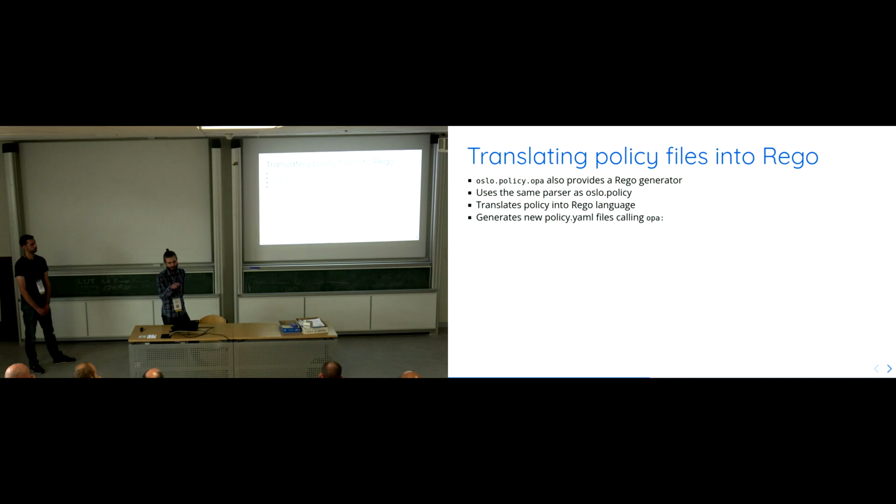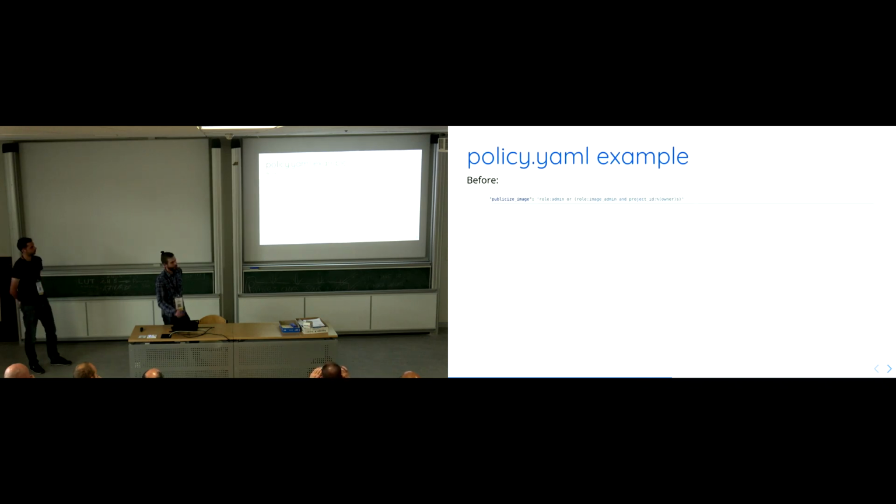Converting those three-line expressions from Oslo policy for Keystone into Rego is a nightmare. It's based on the same context as the existing generator that generates a policy YAML for you. In our case, it generates not only policy YAML, it also generates a set of Rego files.